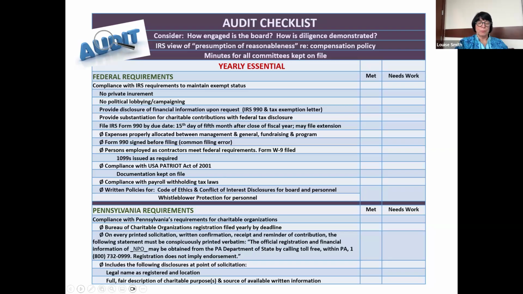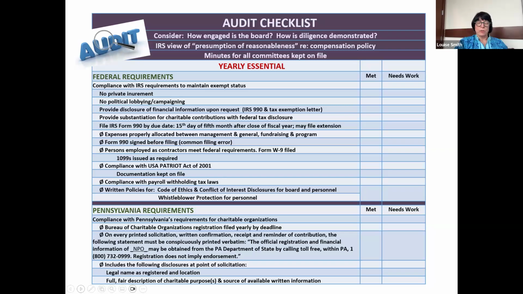We have to make sure that the folks who are doing the thanking, if you will, for donations, put the appropriate verbiage on the letters, emails, etc., that go out to the donors, and making sure that the appropriate disclosures are on your solicitations as well.